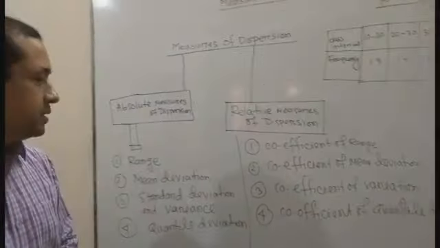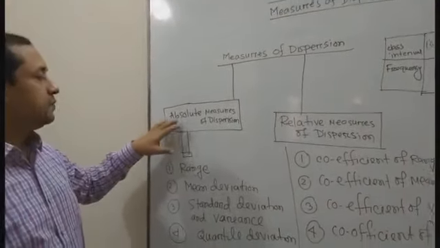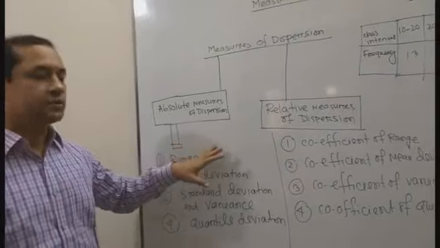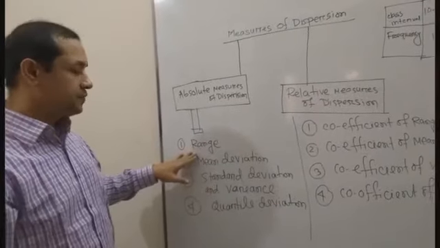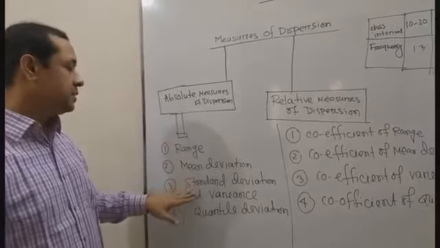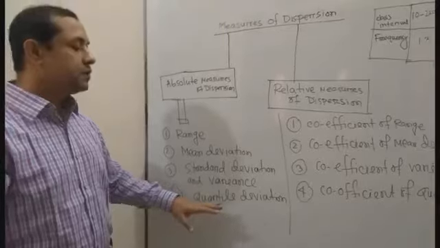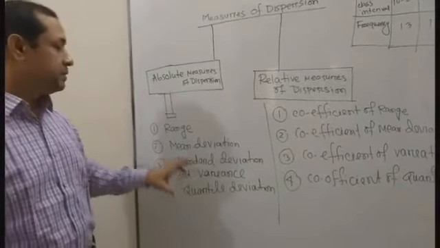Attention please, students. I say again, how many types of absolute measures of dispersion? First type range, second type mean deviation, third type standard deviation and variance, and fourth quartile deviation. Remember it.